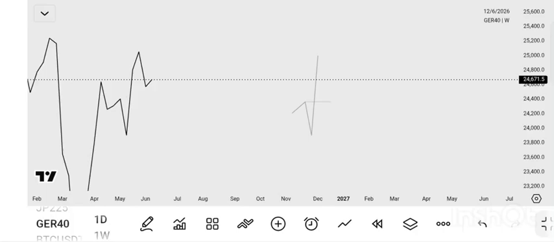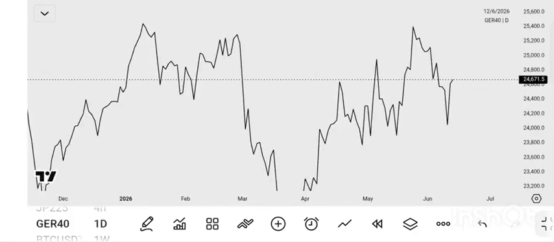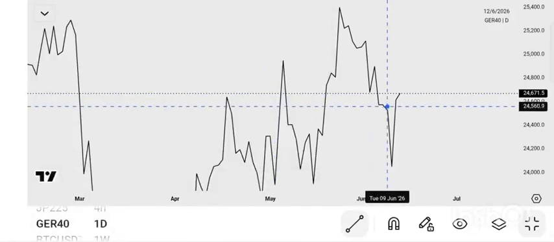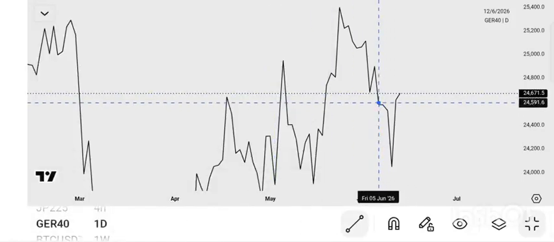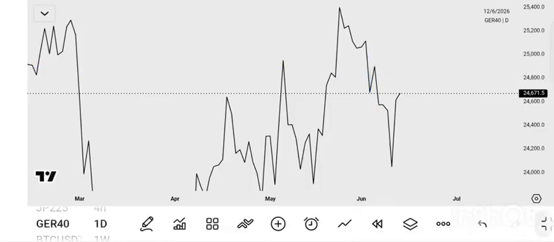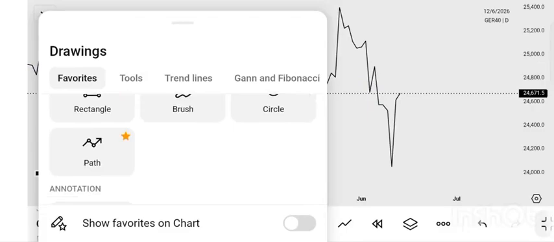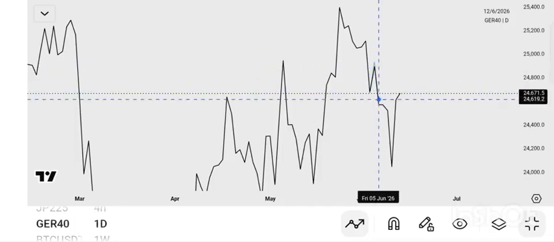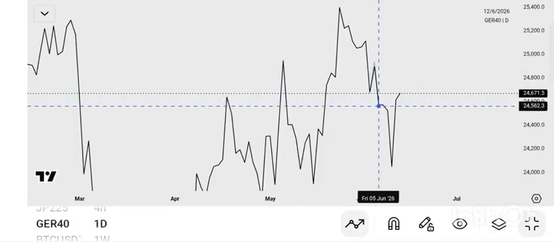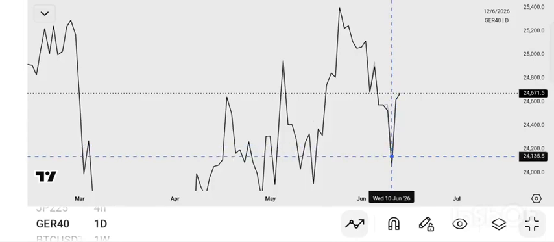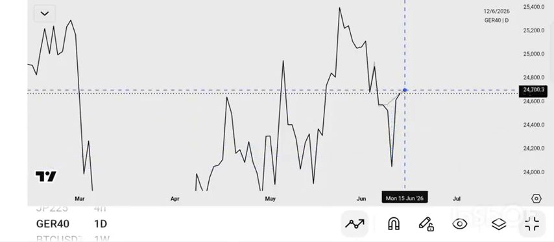Now we go to the daily time frame. The most recent break of structure on the daily time frame is this. So we have price giving us something like this. This came, created a high again, and then price came down, and then we have a break above the high.